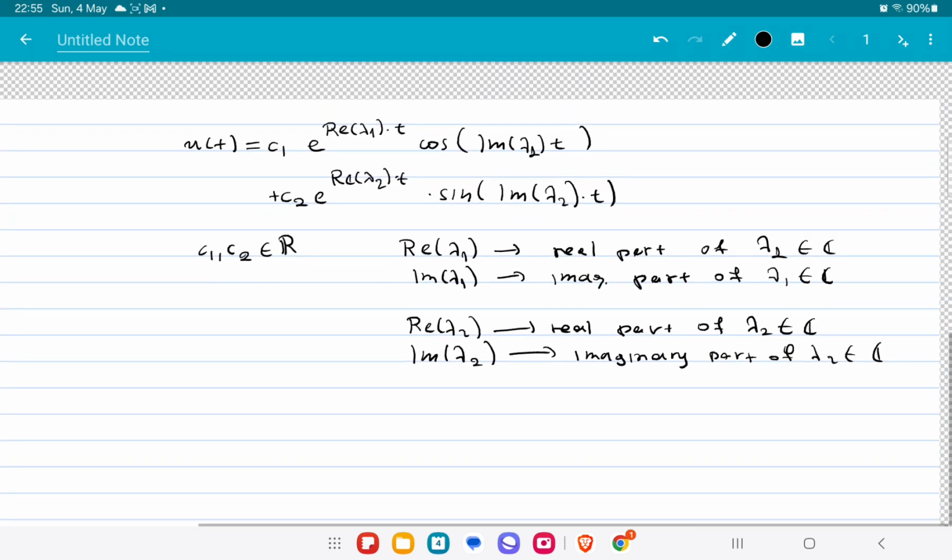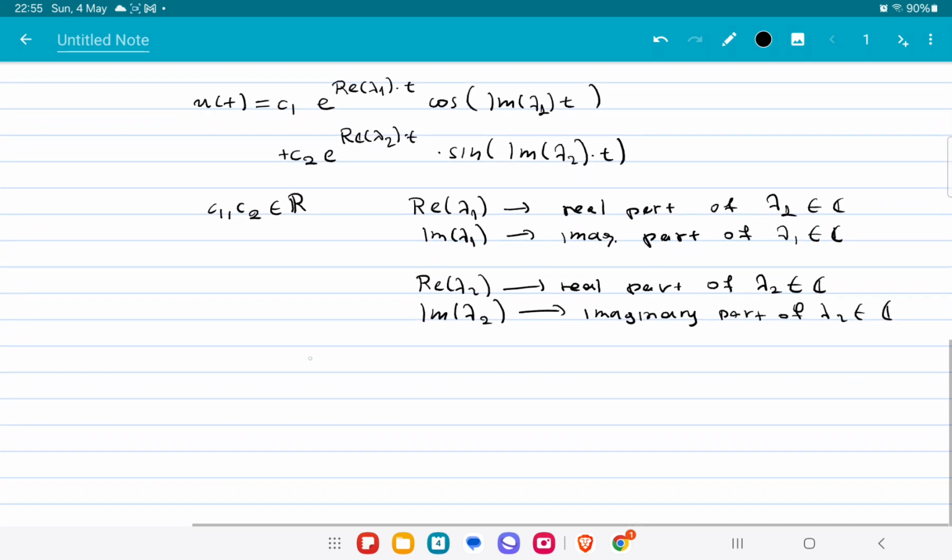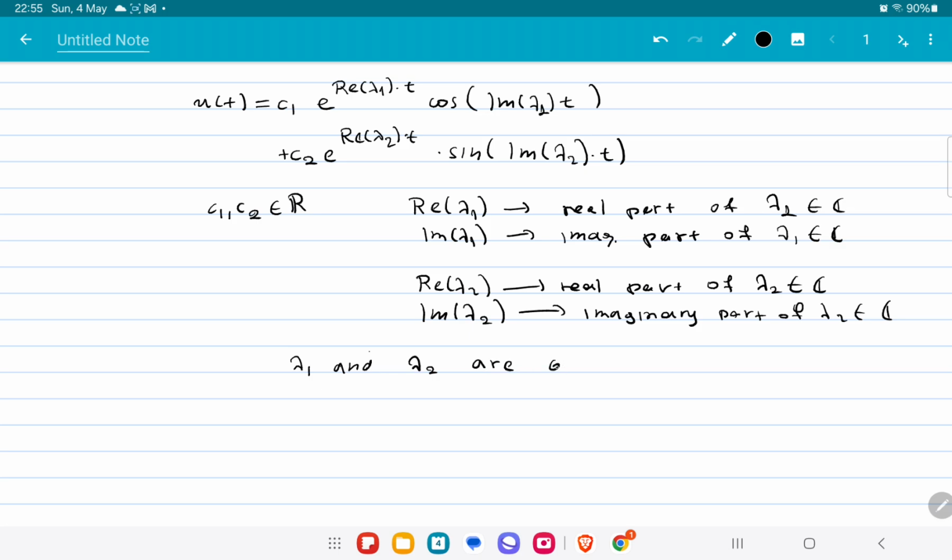One more hint: lambda 1 and lambda 2 are conjugate complex numbers.